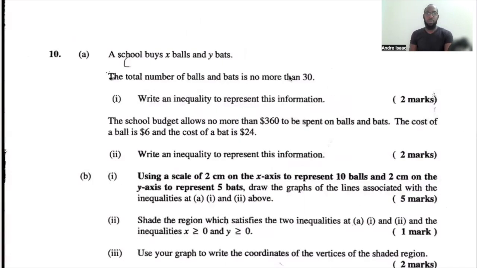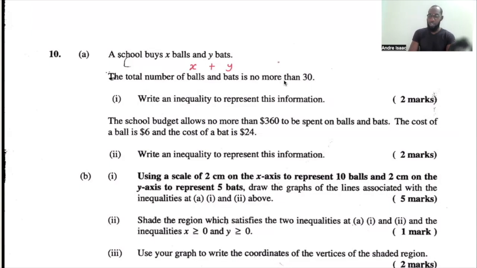All right, so a school buys X balls and Y bats. X represents the number of balls and Y represents the number of bats. We said the total number of balls and bats is no more than 30, which means less than or equal to 30.